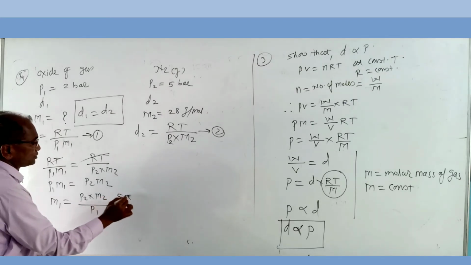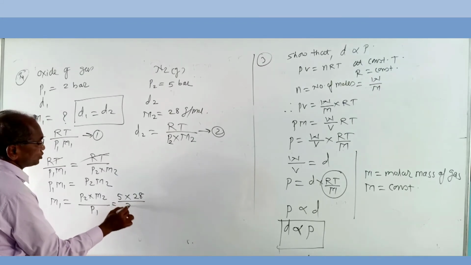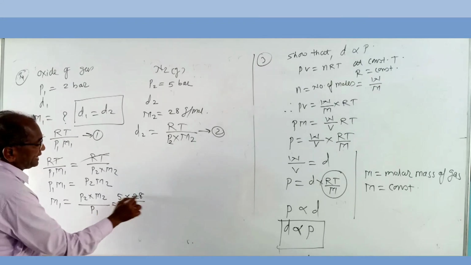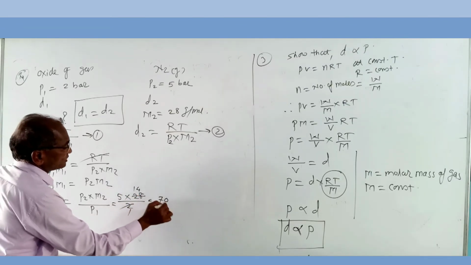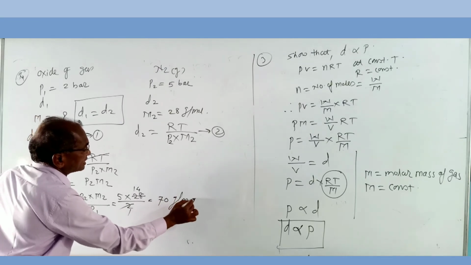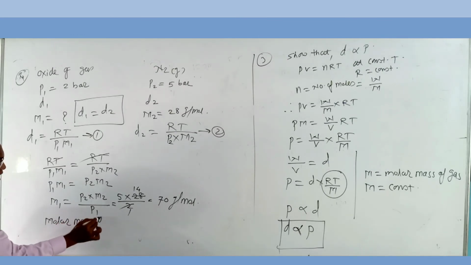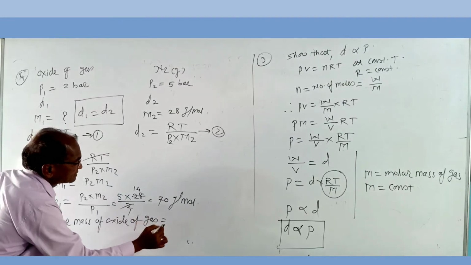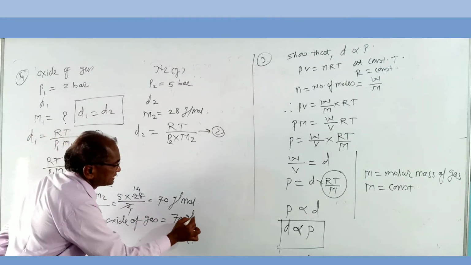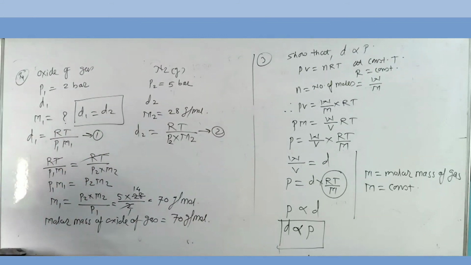P2 is 5, M2 is 28 and P1 is 2. Right? So M1 is 70 gram per mole. This is the molar mass of oxide of gas: 70 gram per mole.